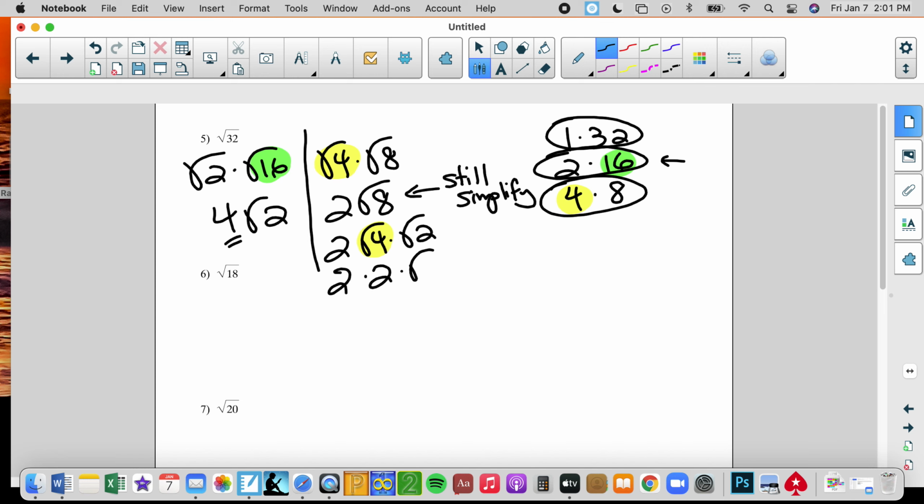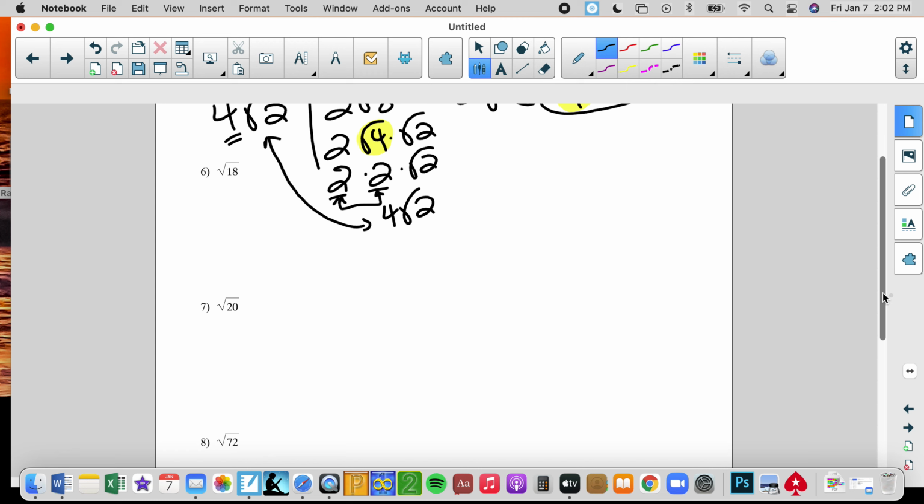So this becomes, and then 2 and 2, these two are on the outside, so we can combine those, and we get 4 rad 2. And now notice these two answers are identical, so we know that we simplified it properly. It doesn't matter which factor group you choose, you just have to make sure that you simplify them completely.